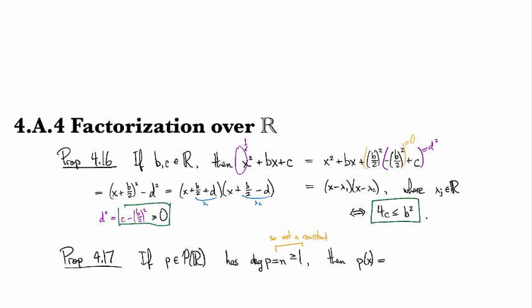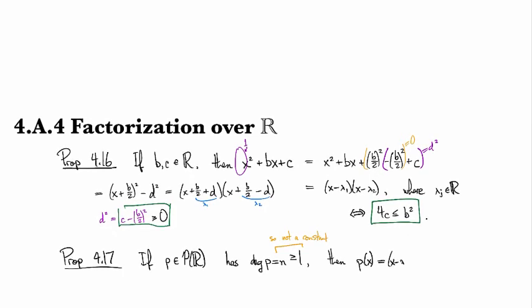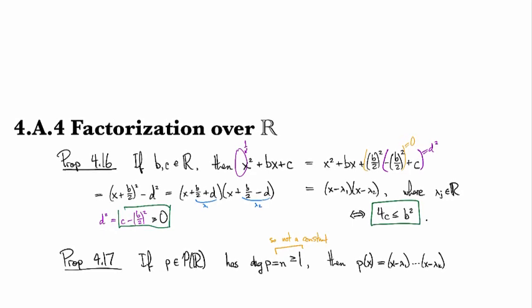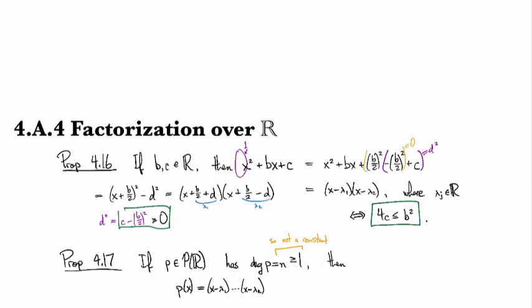P of x can be written as a bunch of linear factors and then we have a bunch of quadratic factors, and I just realized I ran out of space. Okay, rewrite this down here.